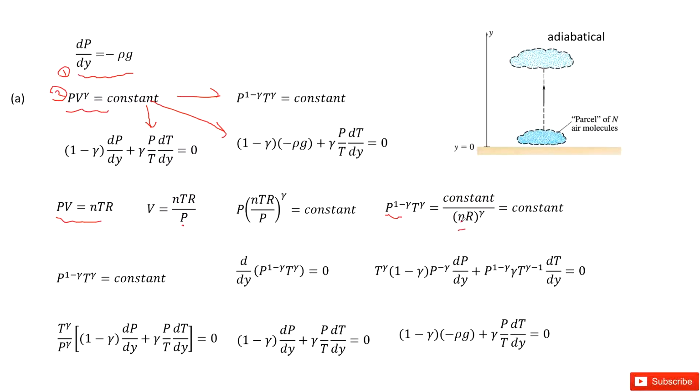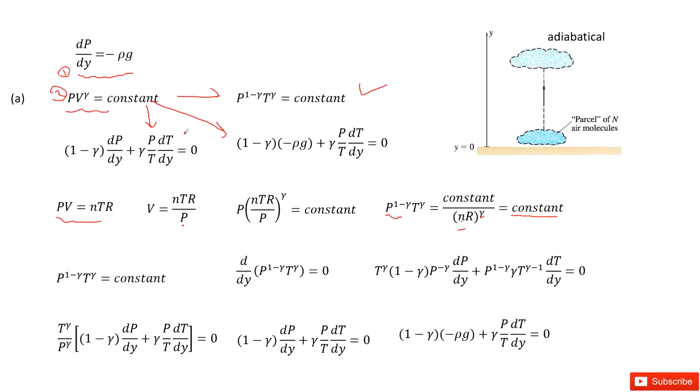Now n is the mole number for this package of air. It's constant. R is constant. Gamma is constant. Therefore, this term is constant, right? Constant over constant equals constant, right? So this one, bingo, is done. This function is done.